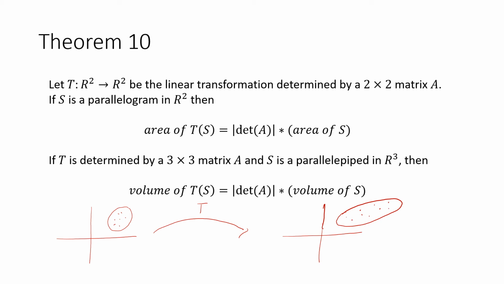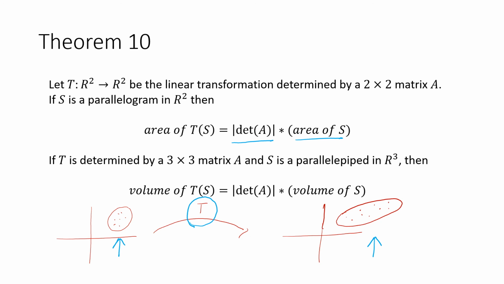What's the relation between the areas? So we have an area of our original shape. What's the area of our transformed shape? Well, it's the area of what we start with times the determinant of the matrix related to that transformation.